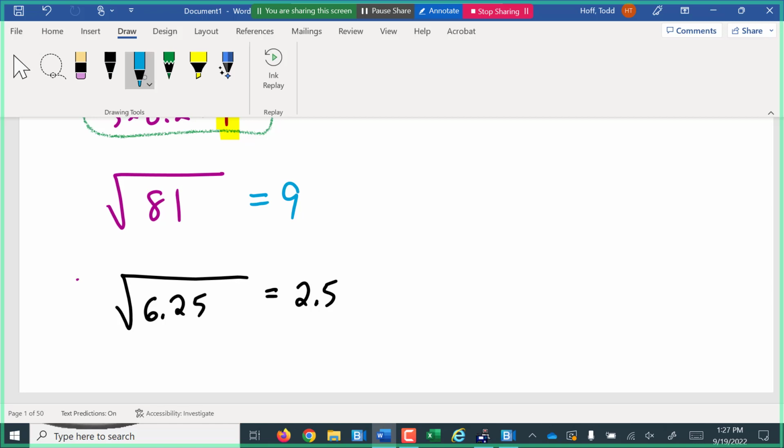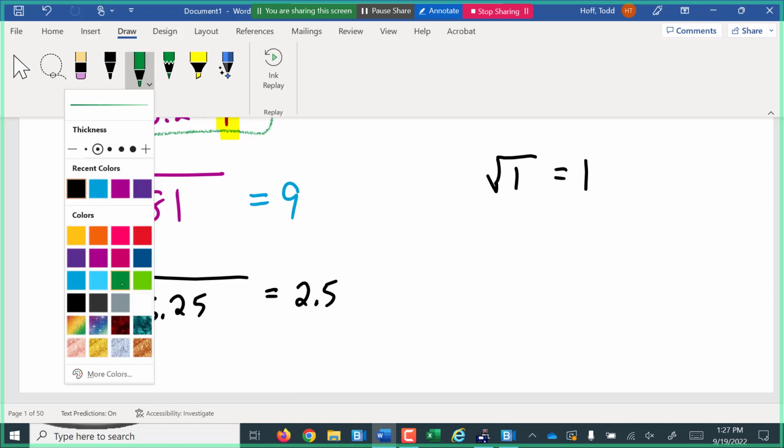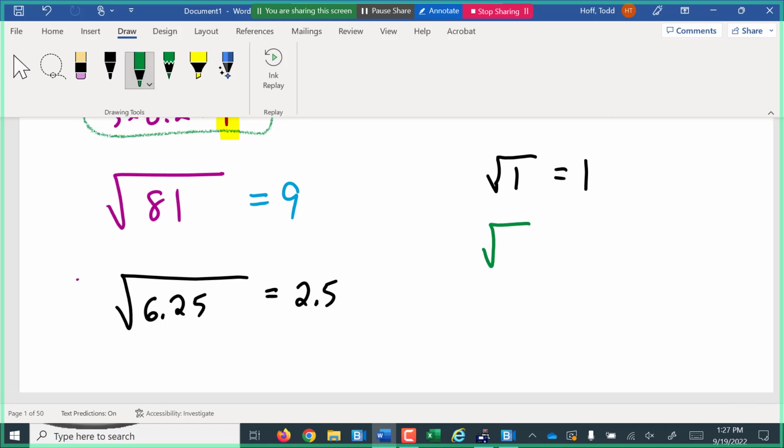But just like with the powers, there's that turning point at 1. Of course, the square root of 1 is 1. 1 squared is 1. The square root of 1 is 1. For the value of 1, the power or the root has no effect on it. But if I go to something smaller, 0.81, when I square root that, I get 0.9.